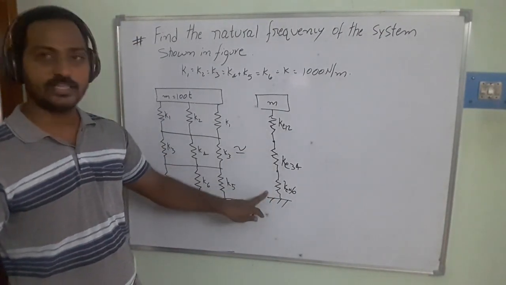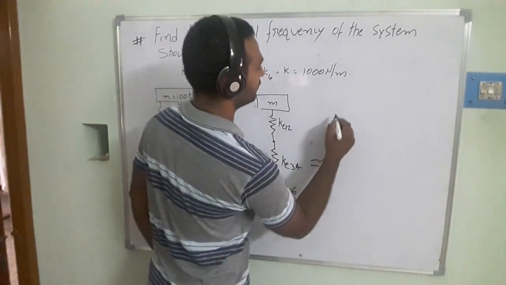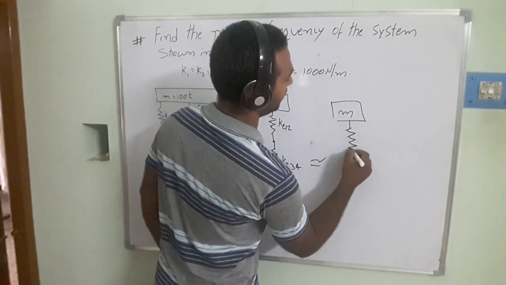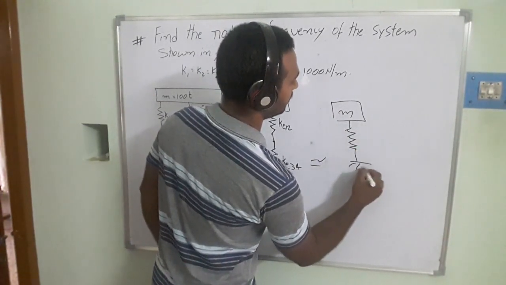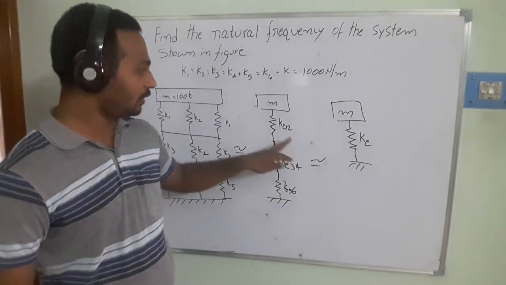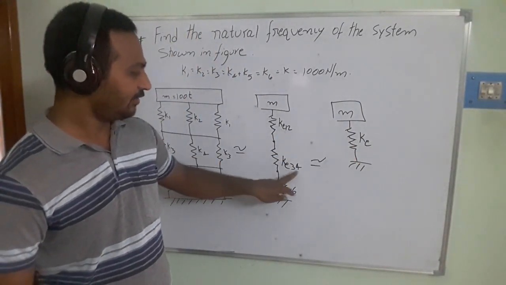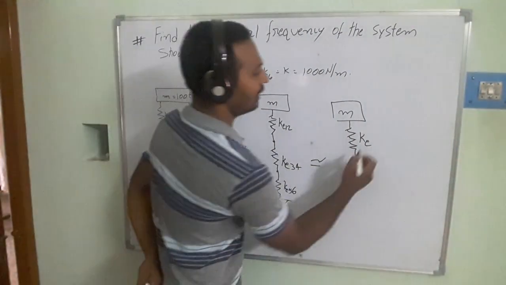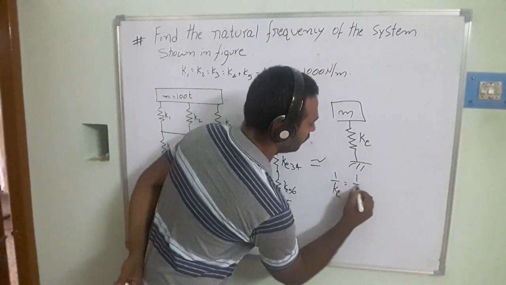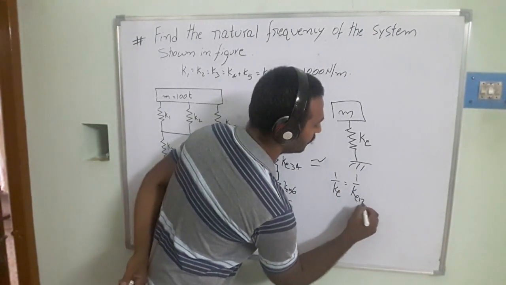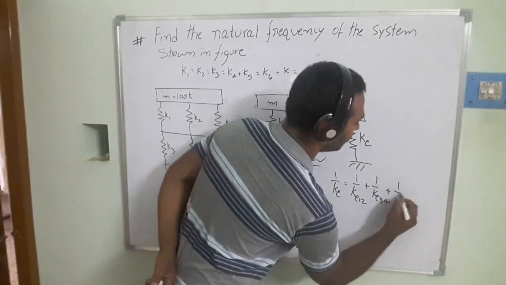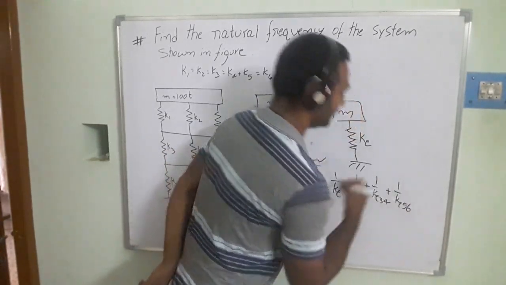Now we need to simplify this into a single mass and single spring. K equivalent, I am going to say, is made up of KE 1, 2, KE 3, 4, KE 5, 6, and I am going to write the equation: 1 by KE is equal to 1 by KE 1, 2 plus 1 by KE 3, 4 plus 1 by KE 5, 6, right?